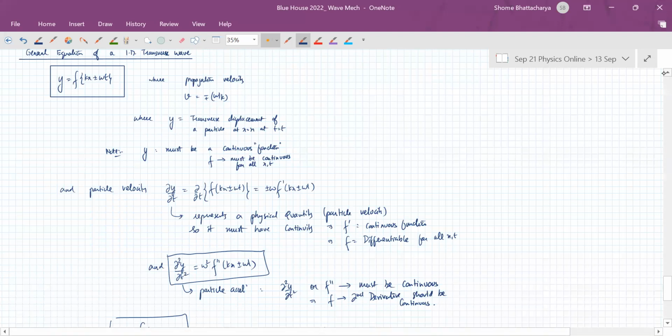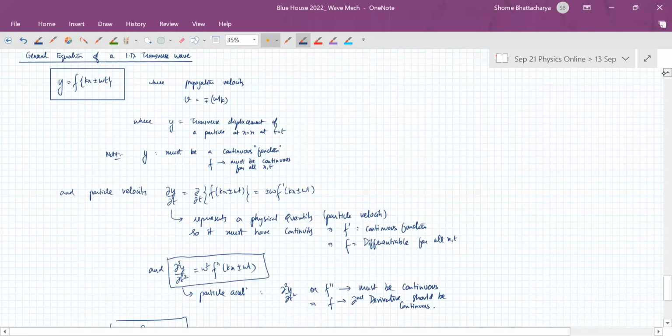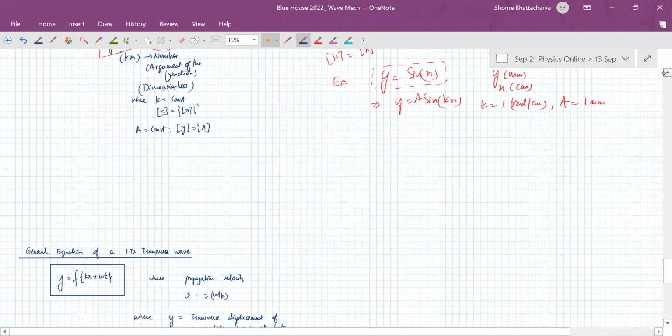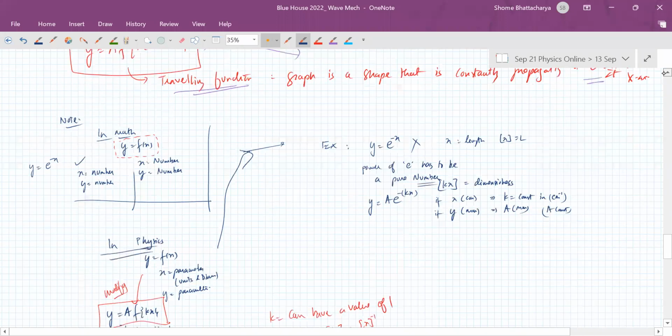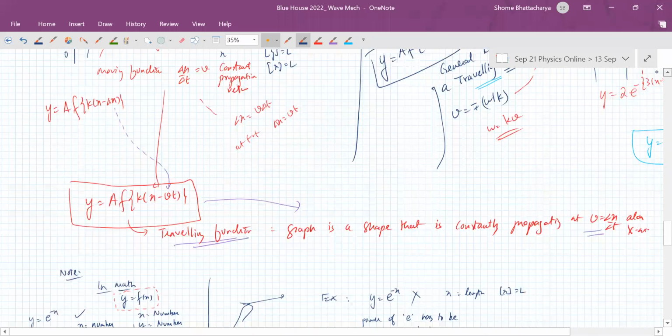So I'll give you an example or two, and you'll understand what we mean by this continuity thing. Okay, but I think somebody wanted to write down this earlier part. Is it this part, right?